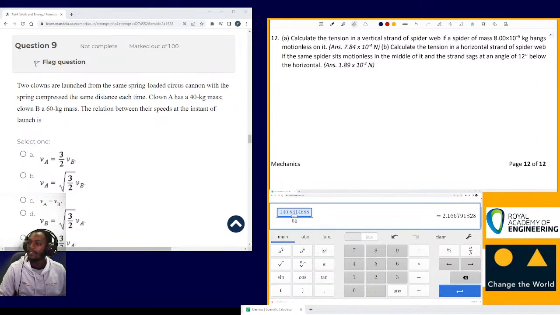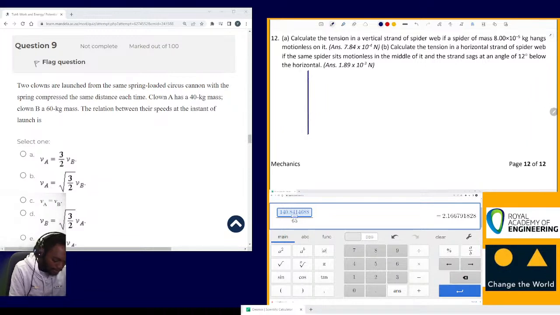So it says calculate the tension in a vertical strand of spider web if a spider of mass 8 times 10 to the negative 5 kilograms hangs motionless on it. Okay, alright. So we've got a vertical strand of a spider web. So I'm going to illustrate this.